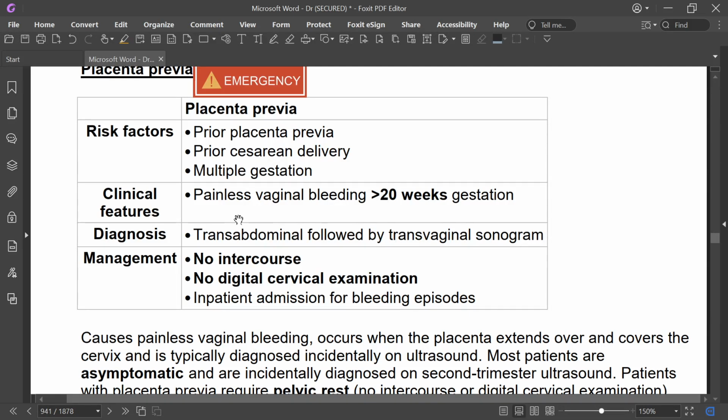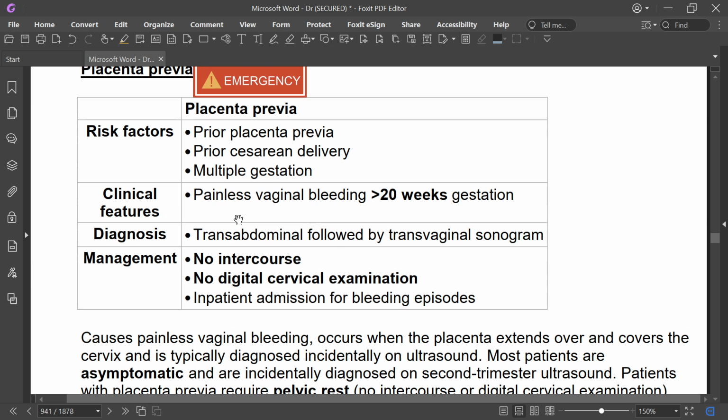This is another very high yield topic, that is placenta previa. Risk factors are prior placenta previa, prior cesarean delivery, and multiple gestation.